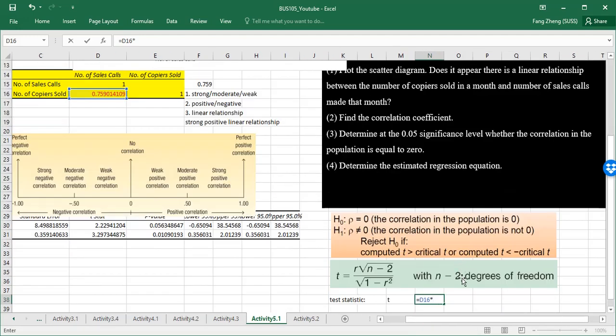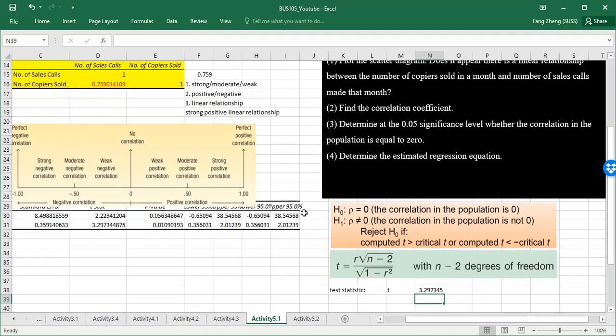So 10 minus 2 is 8, over the square root of 1 minus the correlation coefficient squared. So this is our test statistic value.